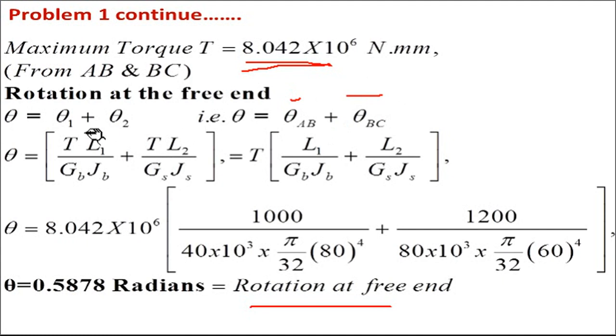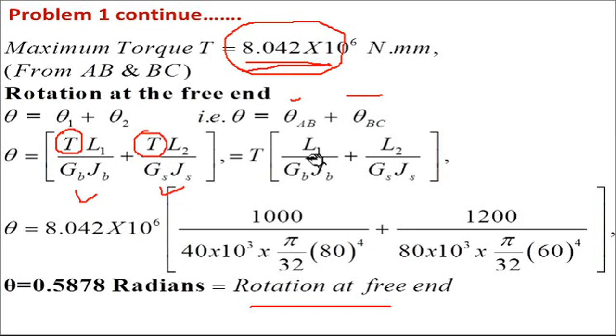Okay, so these are the parameters of brass, these are the parameters of steel, and here you can see I have not written separate values of T because T is the same for both. So here we are taking the maximum value of T, and that we are going to use here.